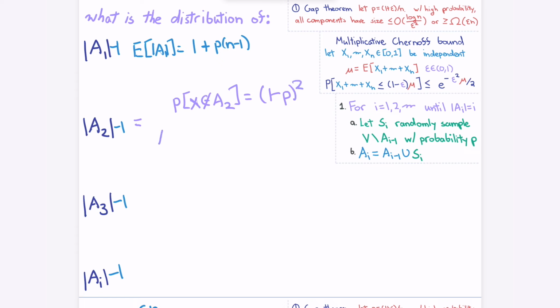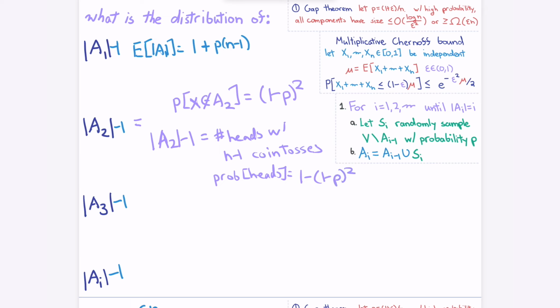That means your set A2 minus 1, excluding the starting vertex that's always there, is going to look like the number of heads in n minus 1 coin tosses, where the probability of heads is 1 minus (1 minus p) squared. Because with probability (1 minus p) squared you lose both rounds and you don't get included.